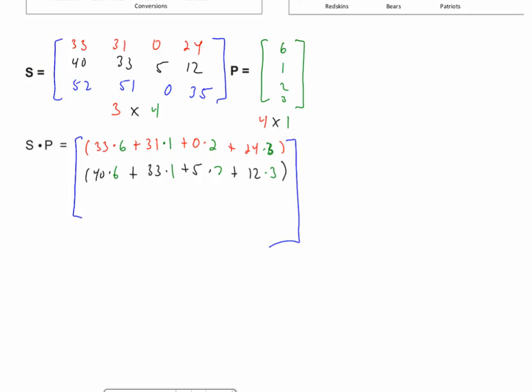So third row, same thing, right? Notice we're working across the row, down the column. So the third row is going to be the 52 times the 6 plus the 51 times the 1 plus the 0 times the 2.